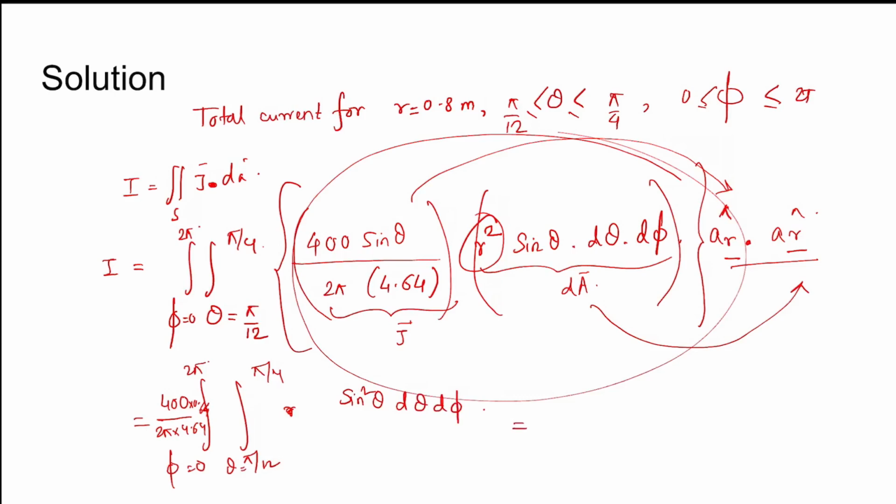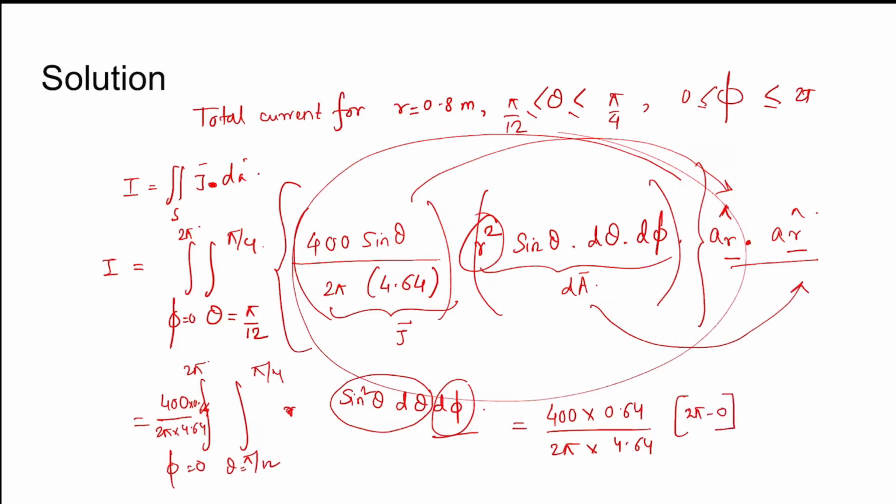Now this is coming out to be 400 into 0.64 divided by 2 pi into 4.64, and these two integrals are independent, so each integration can be done separately. The phi integration has limits 2 pi to 0, so 2 pi minus 0. Another multiplication is the integration of sine square d theta between the limits pi by 12 to pi by 4.